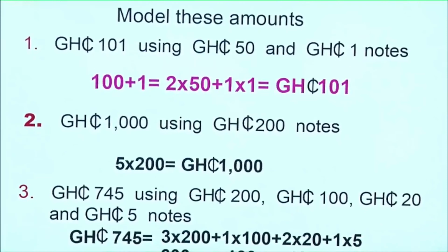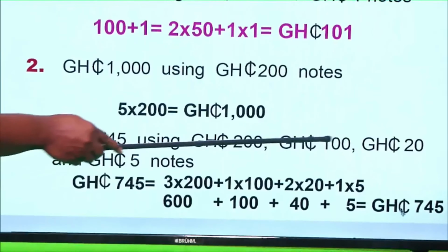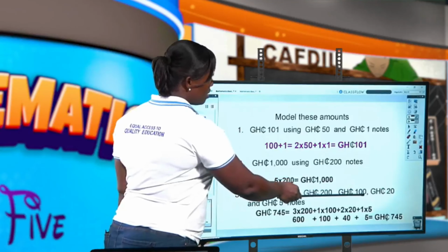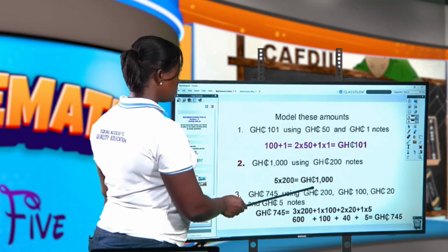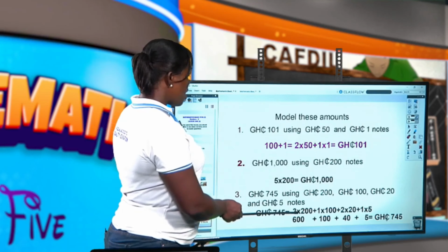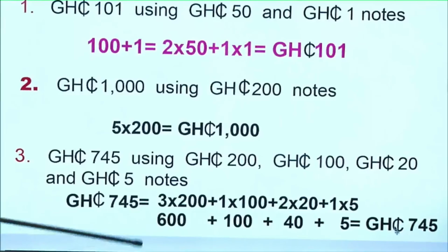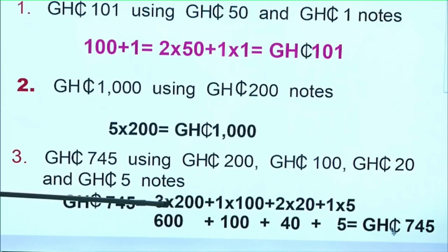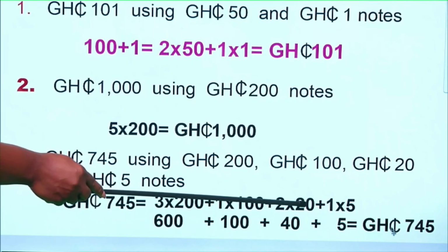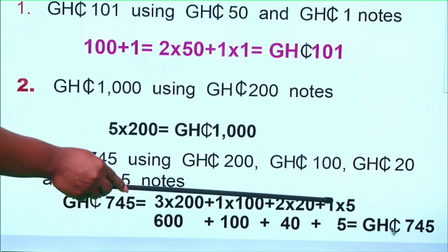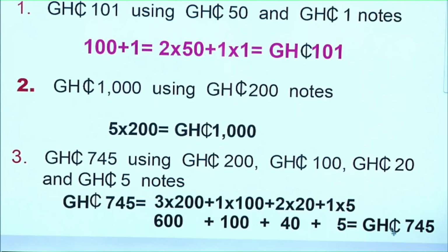745 Ghana cedis. Using all these notes, 200, 100, 20, and then 5 cedis notes. And with that, I chose to use 3 of the 200 cedis notes, 1 of the 100 cedis notes, 2 of the 20 cedis notes, and 1 of the 5 Ghana cedis notes.